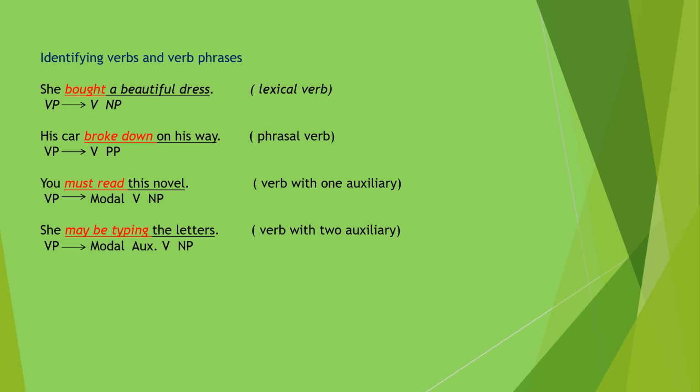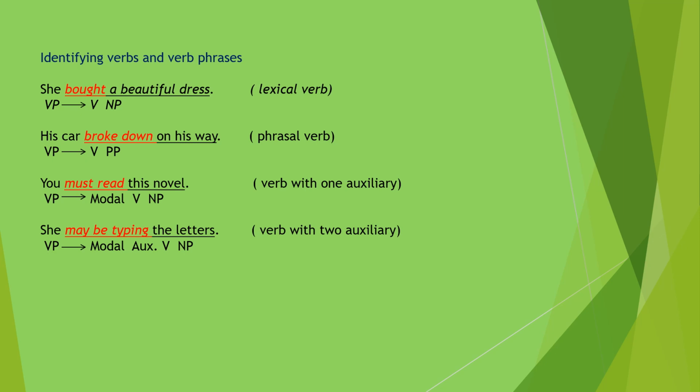So okay, for the first one here, I have taken different types of verbs for the example. First we have the lexical verb. She bought a beautiful dress. Verb phrases are easy, because the place where the verb starts, all the rest of the elements following that will be included in the verb phrase.